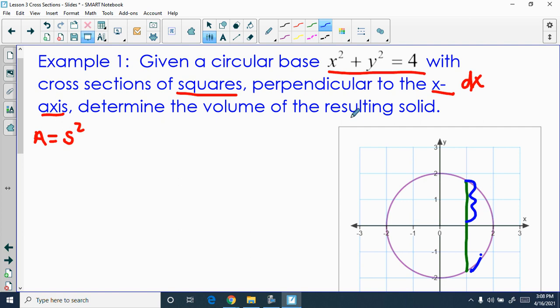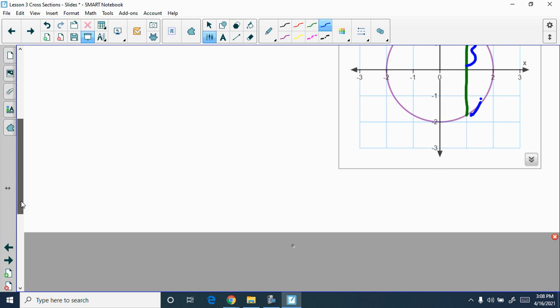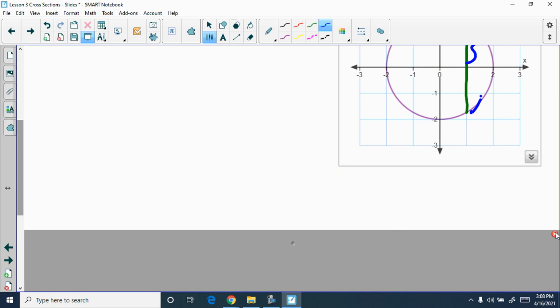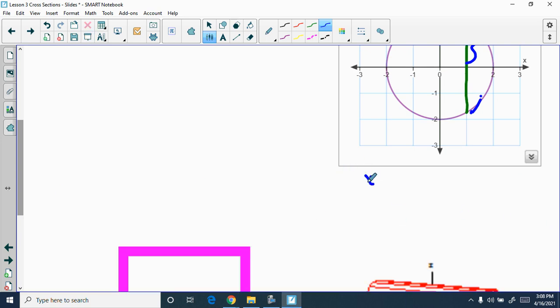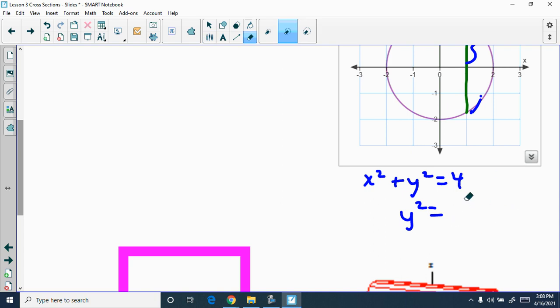So if we take our equation, which is x squared plus y squared equals 4, and we solve for y, we're going to get y squared is equal to 4 minus x squared. Let me fix that. And then we're going to take the square root.